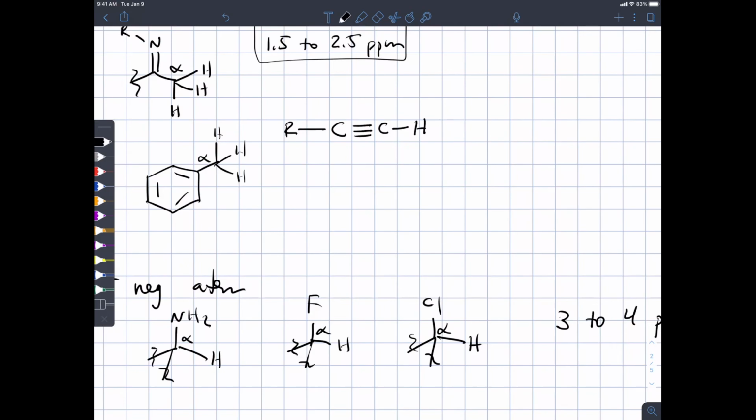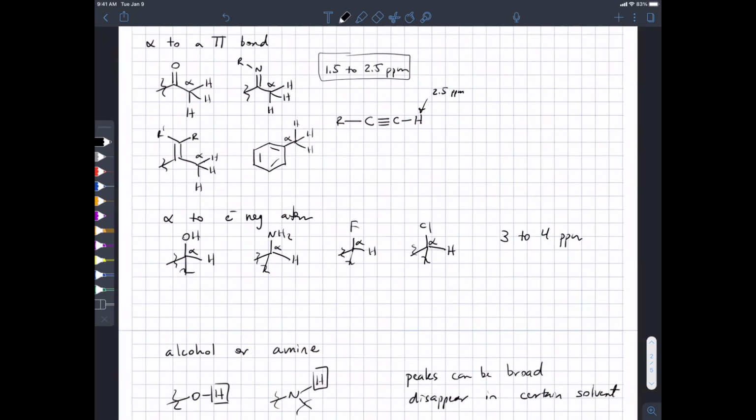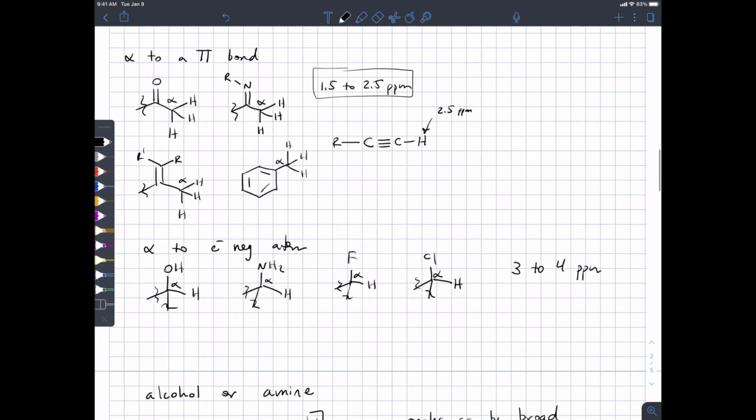I'm not sure what the word is for directly attached to the triple bond, so sorry about that. But yeah, that chemical shift tends to be about 2.5 ppm. Your book talks about why that's different from being attached to a vinyl proton. It has to do with ring current, but not necessarily in a way that you need to know or be able to reason through. All right, other questions?